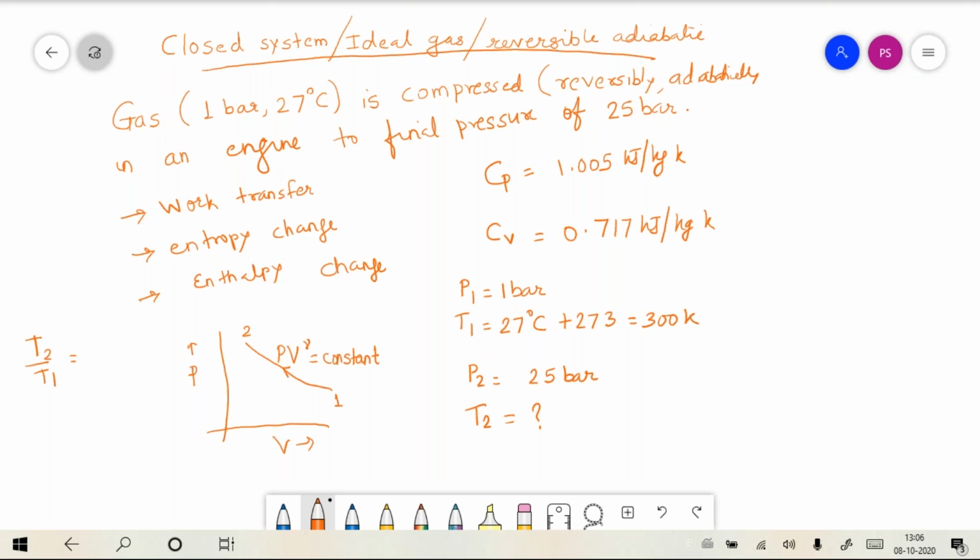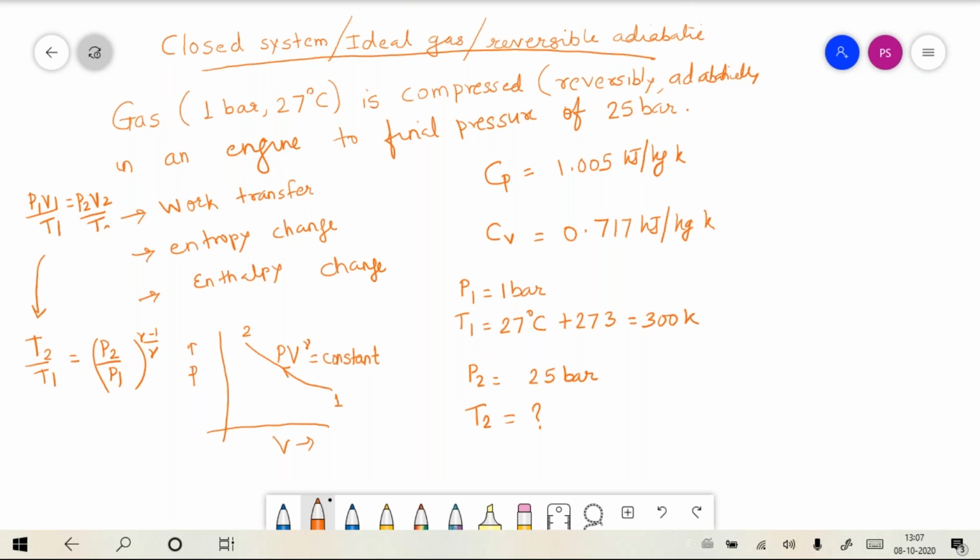If you are interested, you can prove it by solving two simultaneous equations: P1 V1 by T1 is equal to P2 V2 by T2, and P1 V1 raised to gamma is equal to P2 V2 raised to gamma. If you eliminate the volume terms, we get an expression in terms of temperature and pressure.